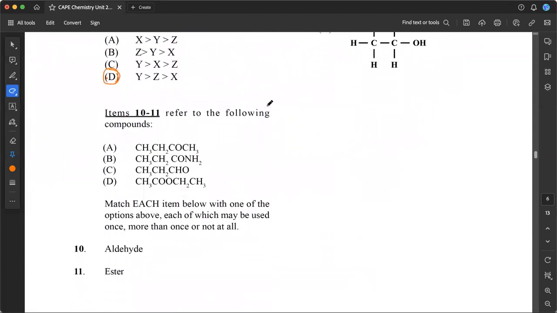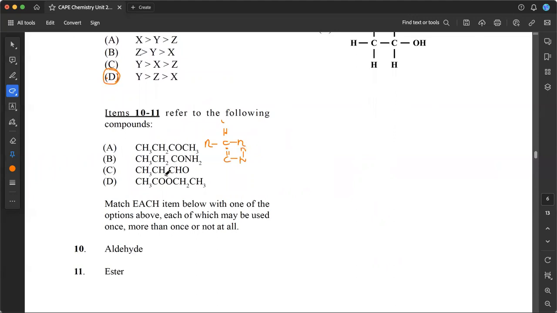So moving right along to question 10. Question 10 refers to the following compounds, which is A is shown here, which looks to be, what is that? This looks to be a ketone, right? There's a C double bond O, R group on that side and an R group on this side. This looks to be an amide, right? We see that C double bond O. We see a NH there as well.